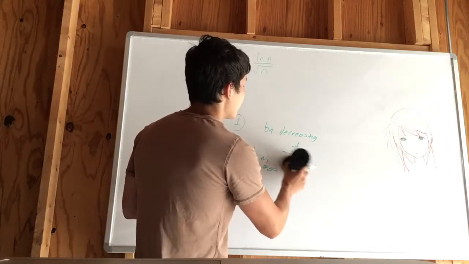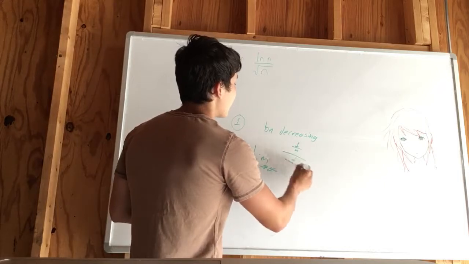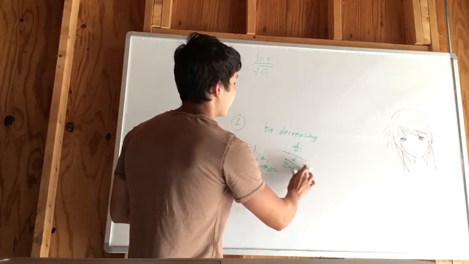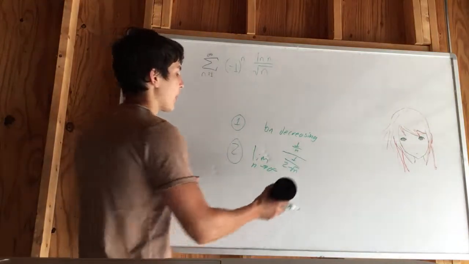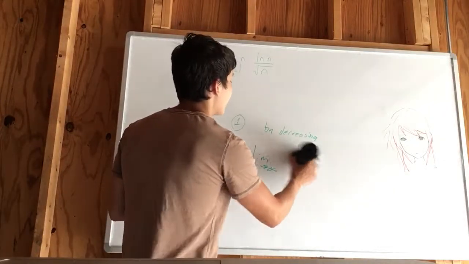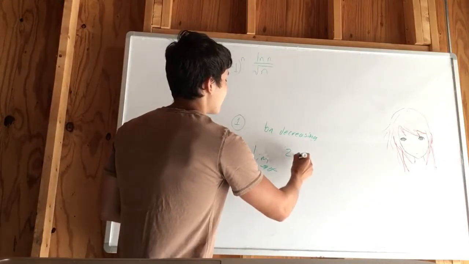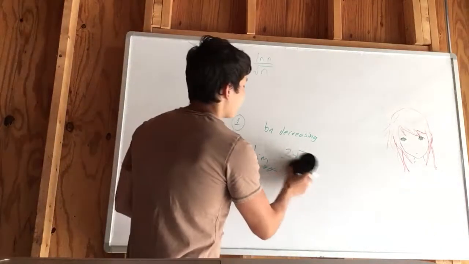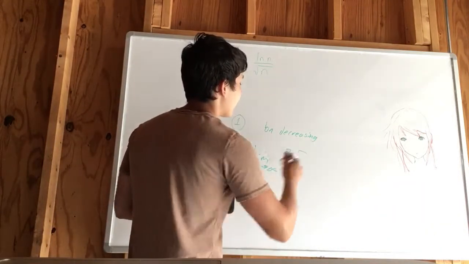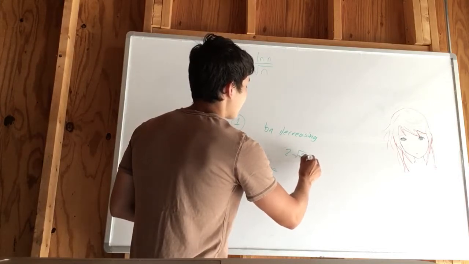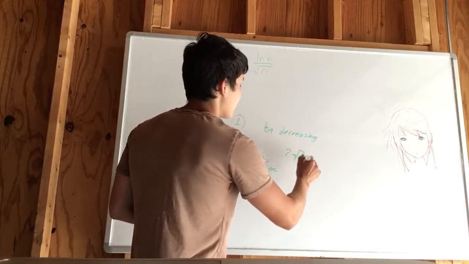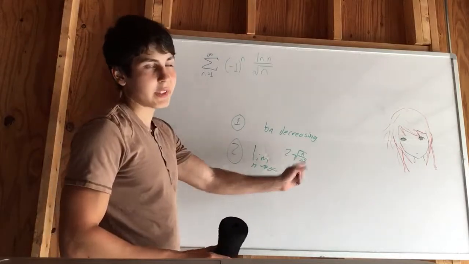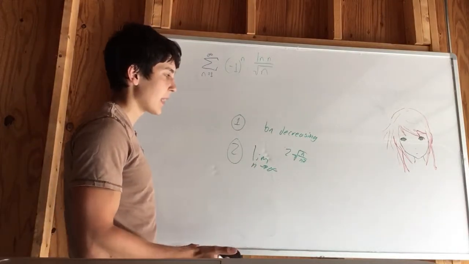So this would be the same as 1 over 2 square root of n. Multiply by the reciprocal, and we get 2 square root of n over n. This is the same thing as 2 square root of n over the square root of n squared, because the square root of n squared is just n.